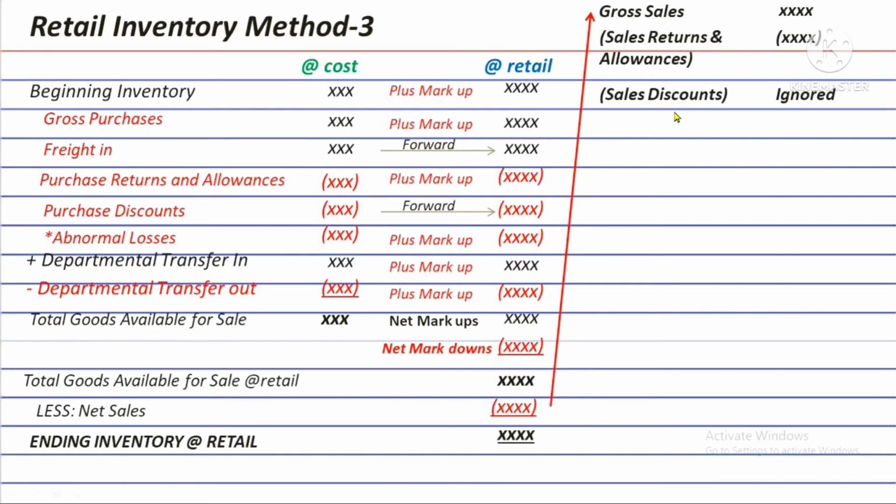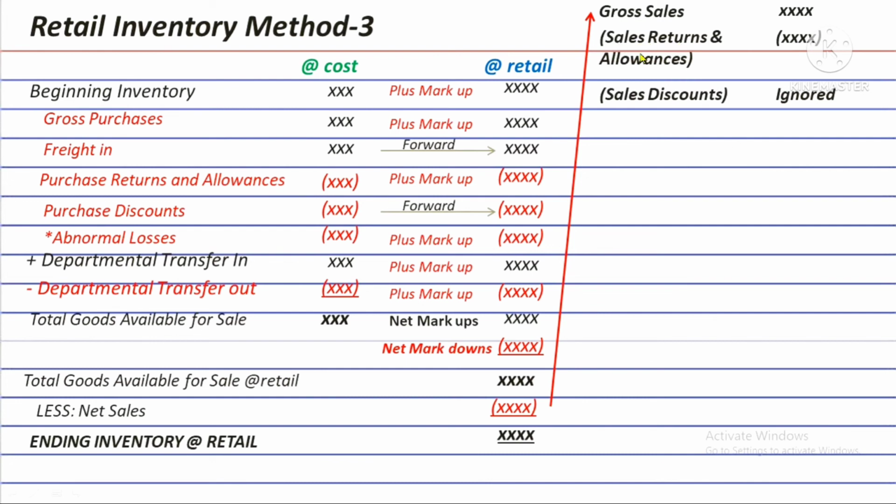The question is why? The first reason is that the sales discount does not reflect the physical flow of units of inventory, unlike the sales, where actual units of goods are given away to customers, meaning there is an outflow of physical inventory when we are talking about sales, and the sales returns, where actual units of inventories are received by the company from the customers.